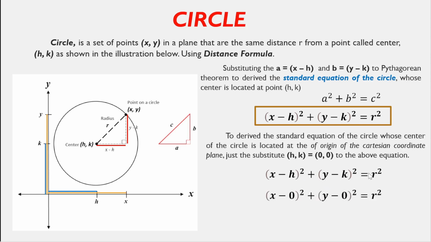Substituting 0 for h and 0 for k, x minus 0 is x and y minus 0 is y. So we have x squared plus y squared is equal to r squared. This is now the standard equation of a circle when the center is located at the point of origin.